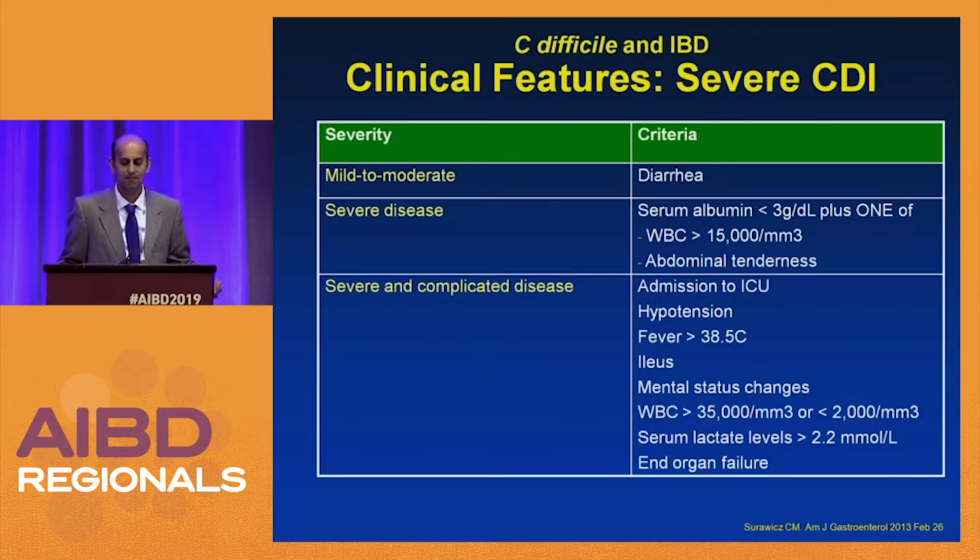Severe disease, where they have diarrhea but also have a low albumin and perhaps an elevated white blood cell count, and complicated disease where there's further complication by hypotension, need for ICU admission, mental status changes, severely elevated white blood cell count, or end organ failure. So these are broadly the criteria that separate out mild C. diff, severe C. diff, and severe and complicated C. diff infection. And it's important to keep this in mind when we're managing our patients.